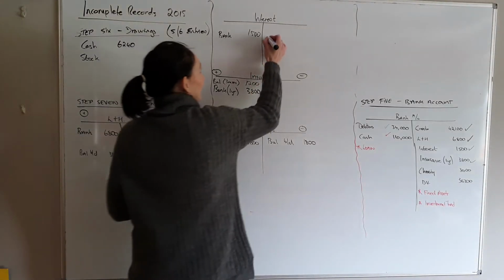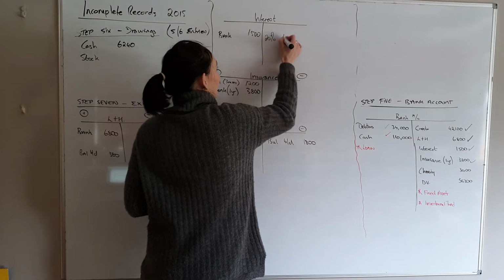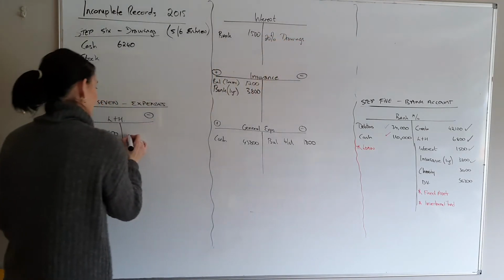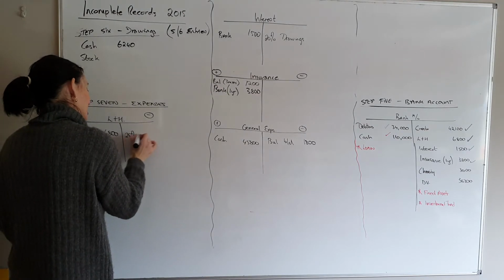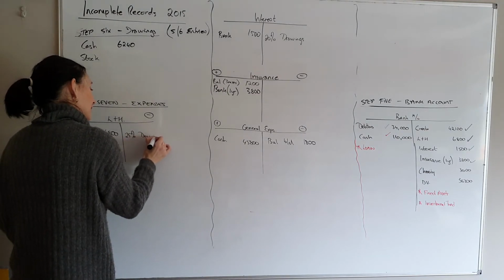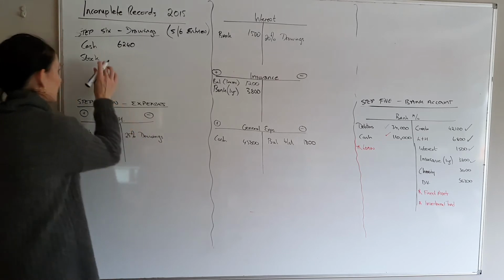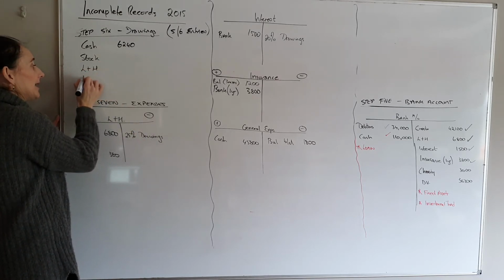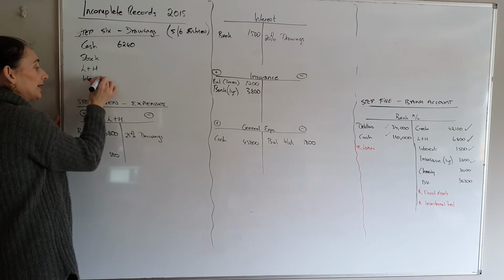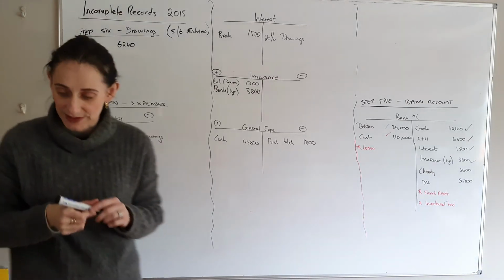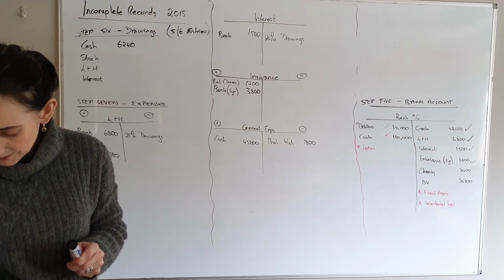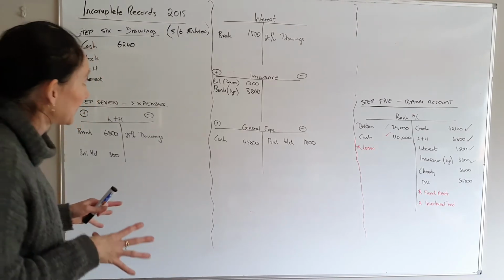That means 20% of this will go into drawings. And here, 25% of light and heat will go into drawings. So my drawings will be, part of it will be made up of light and heat, and part of it will be on interest. Okay, so you put those in. I think that's it on everything there.